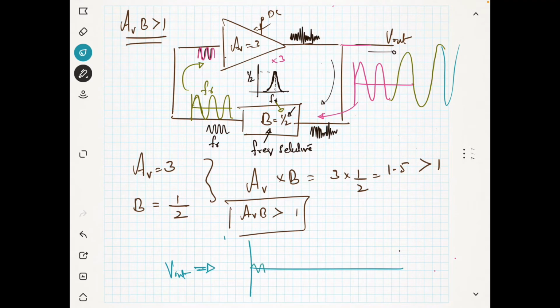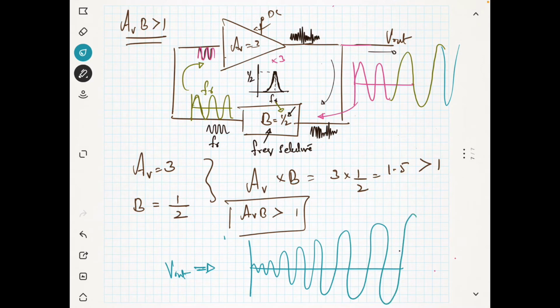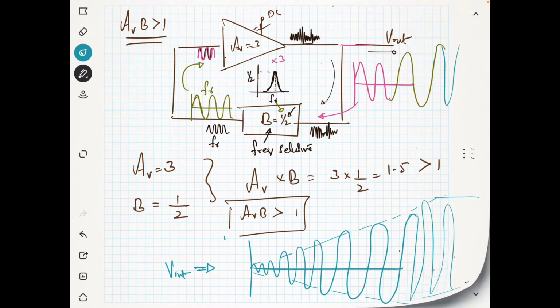Initially it was small, then it increases to a very large value, and finally the operational amplifier used in the oscillator will get saturated, and your output will saturate.